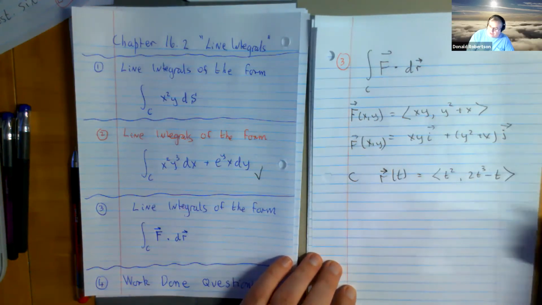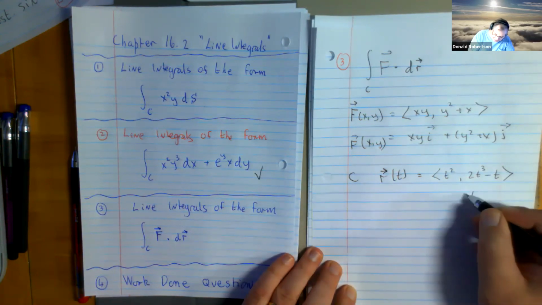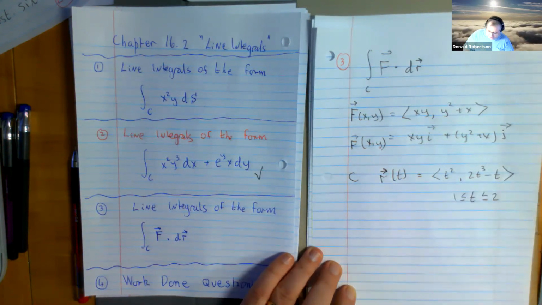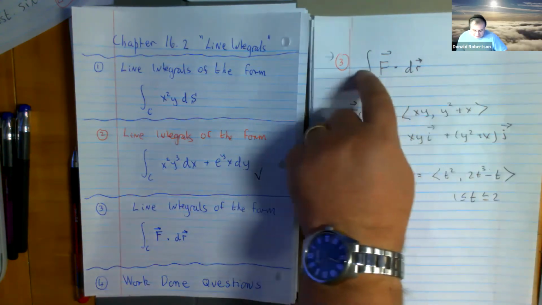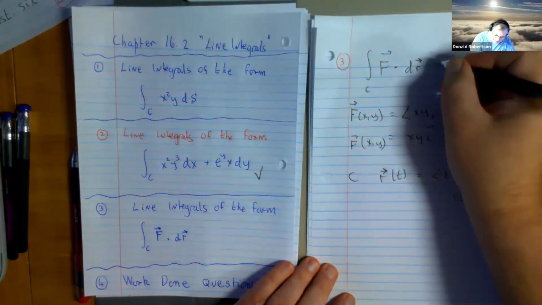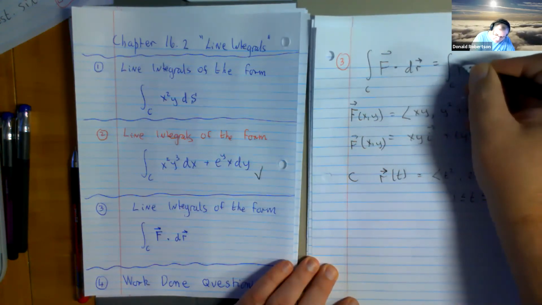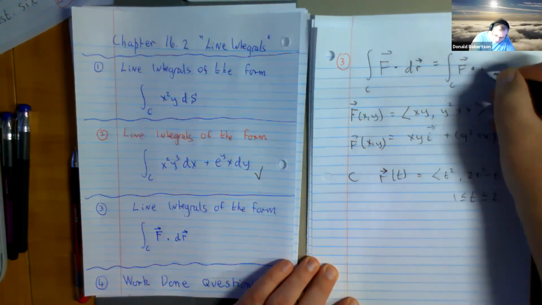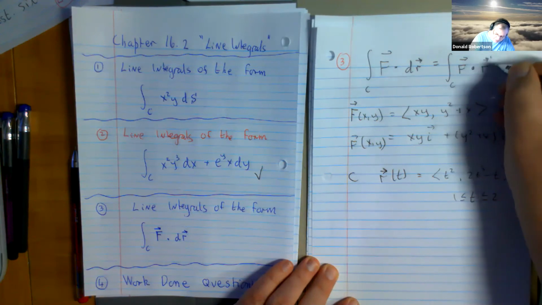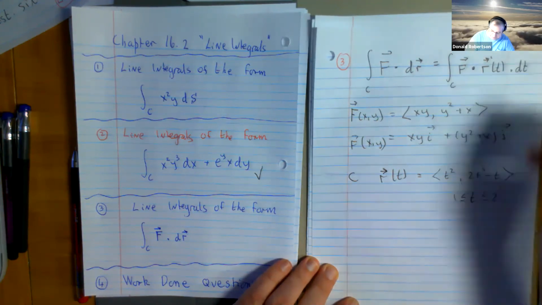You need a start and finish, right? A t value to start and finish. So let's say from 1 to 2, right? Typically you'd be given that. So what does this guy look like? Well, he is this fella, dot r dashed of t dt.